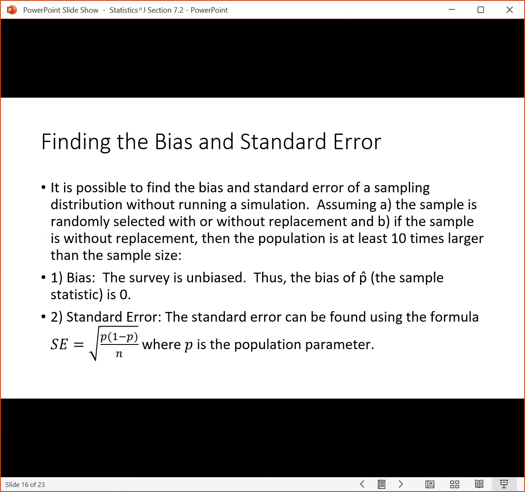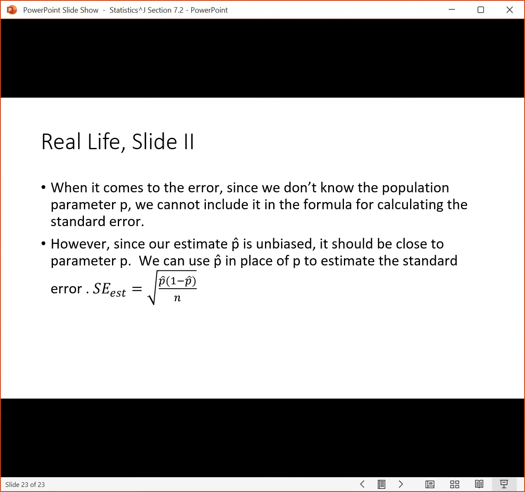That's why we're doing a survey. However, since we're assuming that our survey is unbiased, the survey result should be close enough to the population parameter that we can use it in place of the population parameter in the formula, and that will give us an estimate for the standard error.